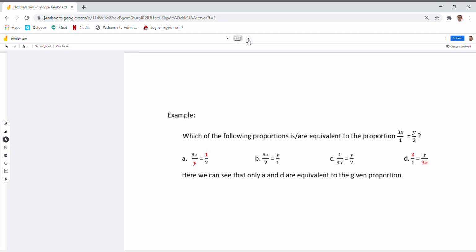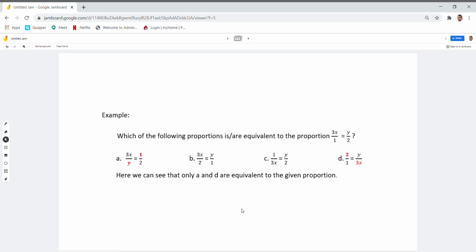So let's take an example. Which of the following proportions is or are equivalent to the proportion 3x is to 1 as y is to 2? Again, 3x is to 1 as y is to 2.